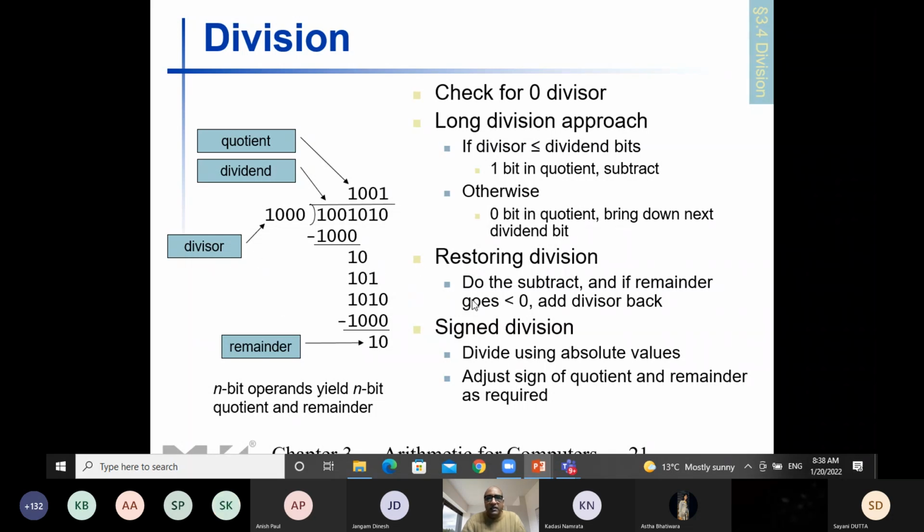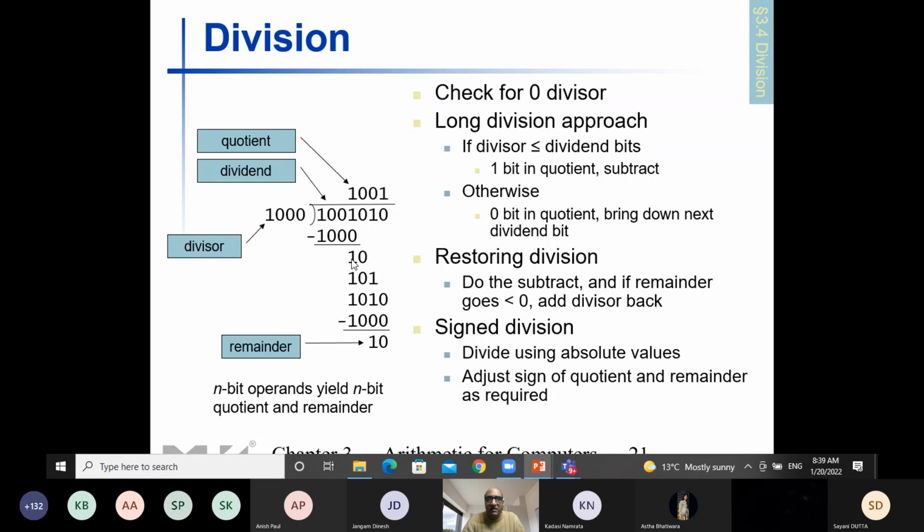We do it in a conventional way, but we want to do it by a machine. We'll try to follow a similar approach. When you're performing a division, as a human, with practice, we come to know whether this will be less than the divisor or not.